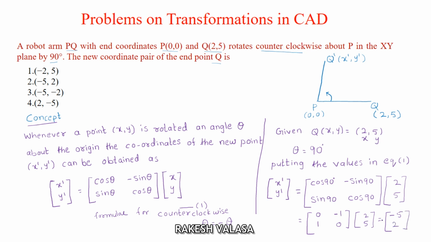So the new values are Q dash equal to x dash, y dash, that equal to minus 5 comma 2. So the answer is option 2.